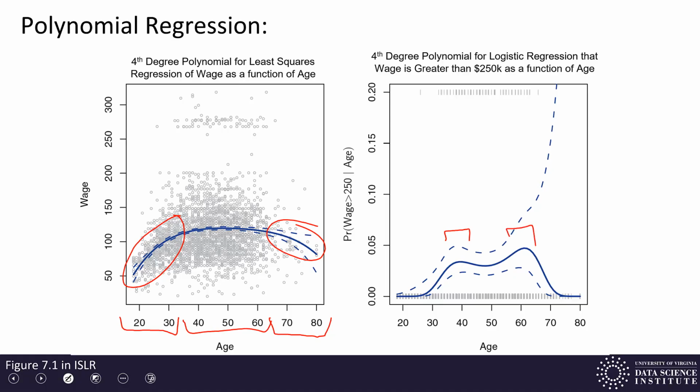It's sort of interesting that the middle 45 to 55 range has a little bit of a decrease in the probability that wage is going to exceed 250,000. But we see some interesting structure, things that we wouldn't learn if we tried to do these with strict single linear regression or standard logistic regression.